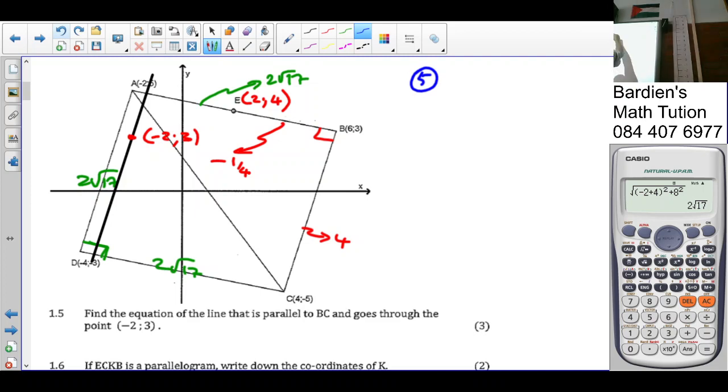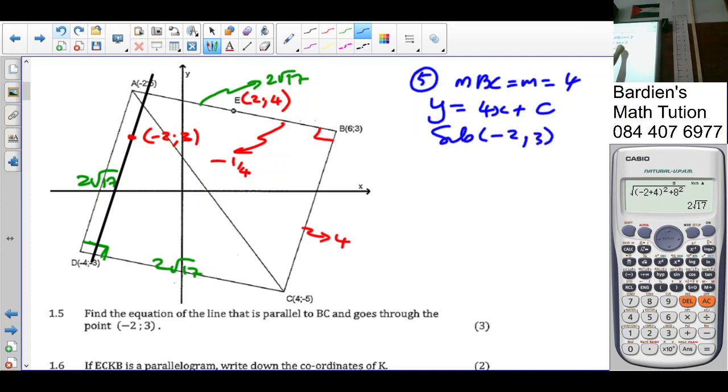So we have the gradient of this line, the same gradient as BC, which is 4. We have worked this out already. So what's the equation of this line? Y is equal to 4x plus C. So I substitute a point on this line that I'm sure about, negative 2 and 3.